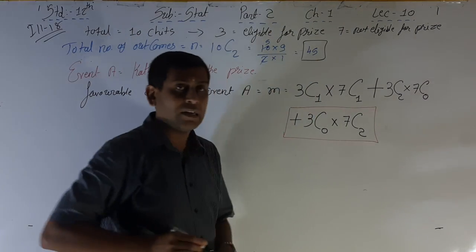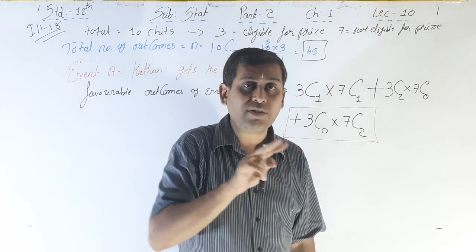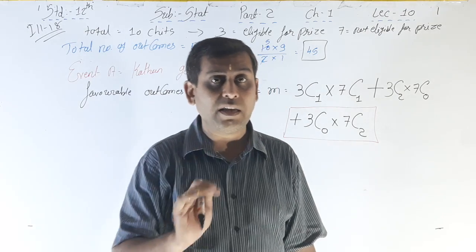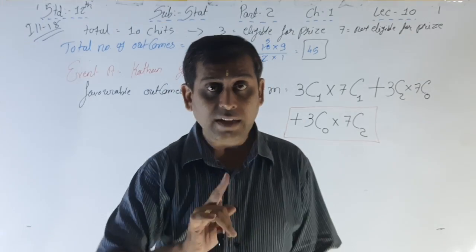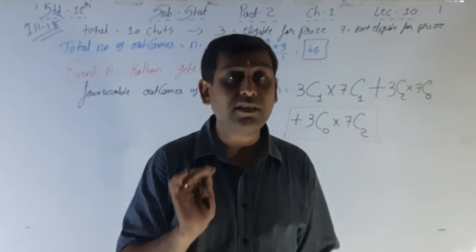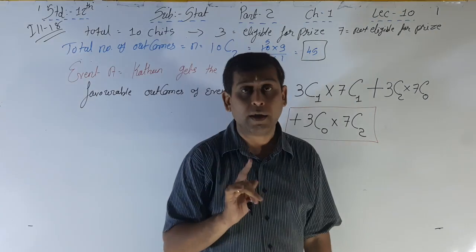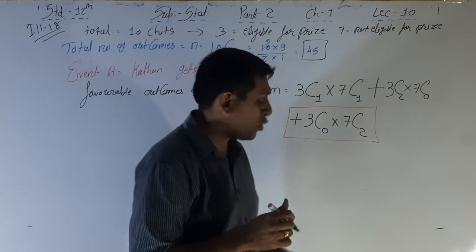What does that mean? See, NC0 is equal to 1. I told you in my second last lecture that NCN is equal to 1, NC1 is equal to N. And here 7C0 is also equal to 1. So please, 7C0 means what?